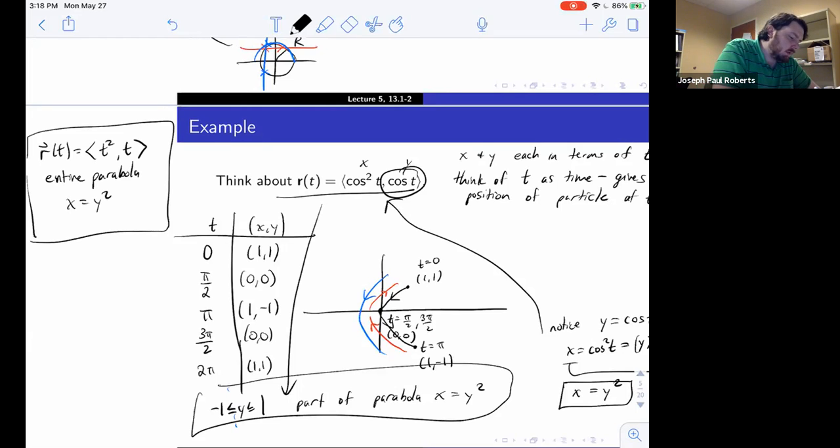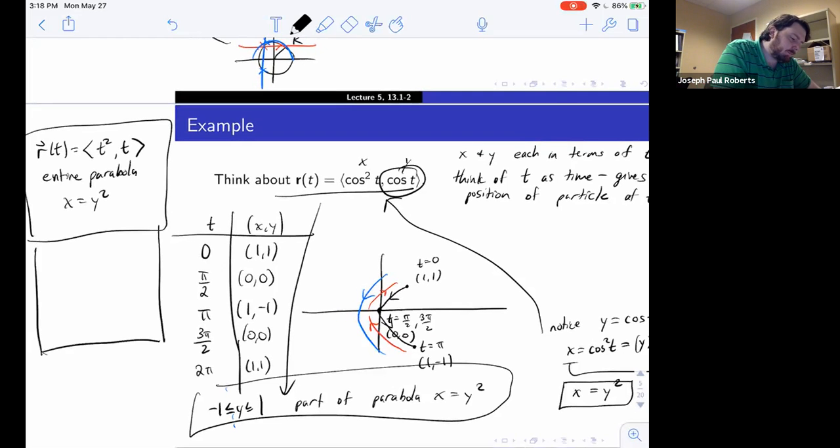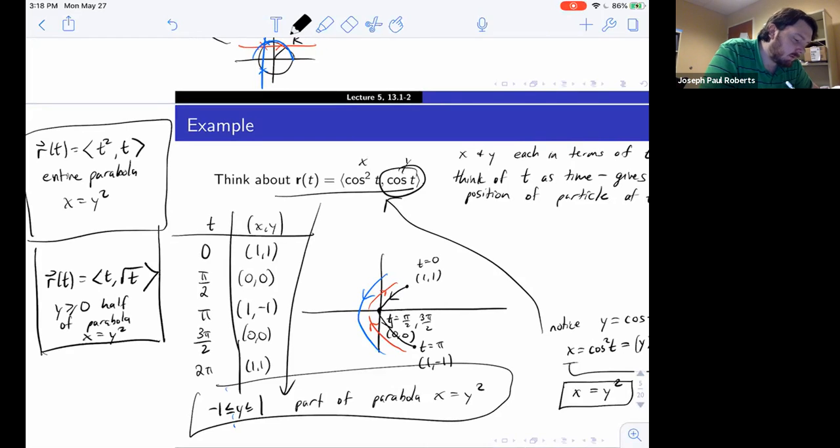Whereas if I did something like r of t is t comma square root t, then that's going to be the y bigger than or equal to 0 half of the parabola x equals y squared.